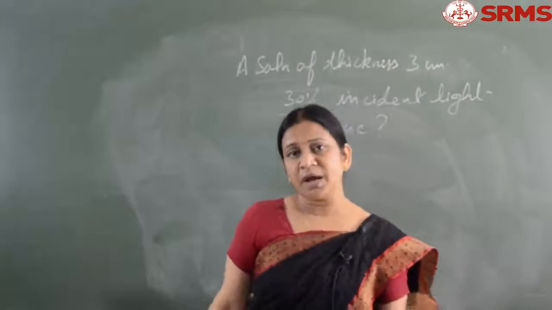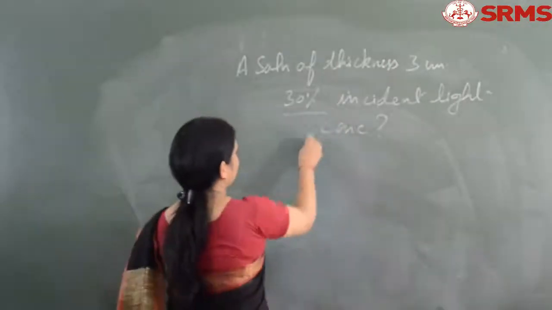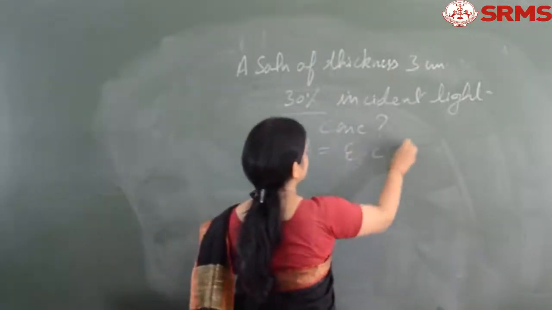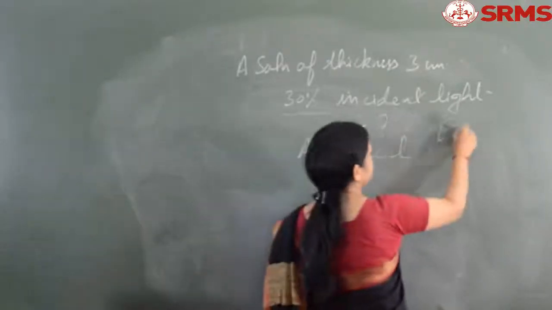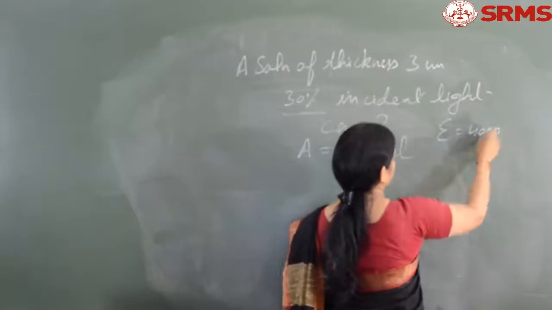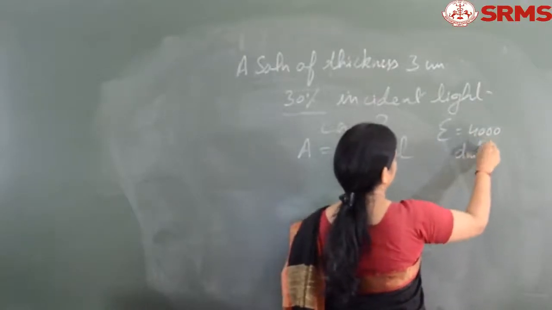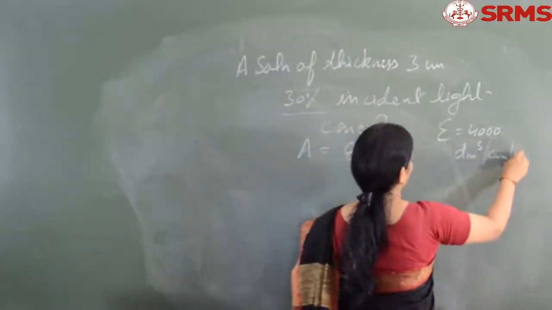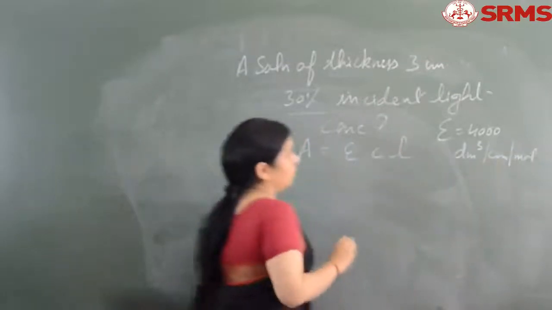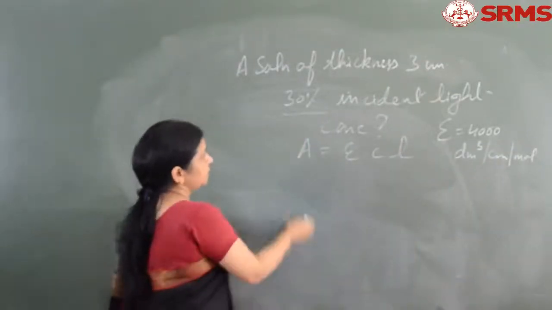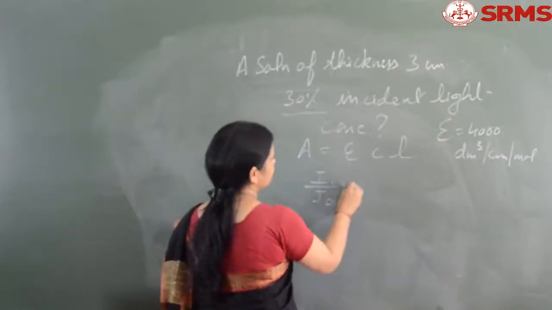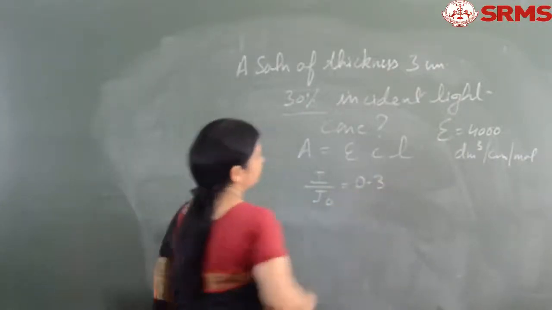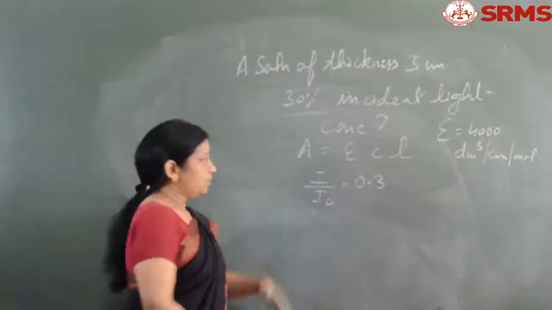So this is done by Beer's law. A is equal to epsilon C L. Now epsilon here is a constant which is given as 4000 decimeter cube per centimeter per mole. If we put in the values, I over I naught is given as 0.3 because it is 30%.